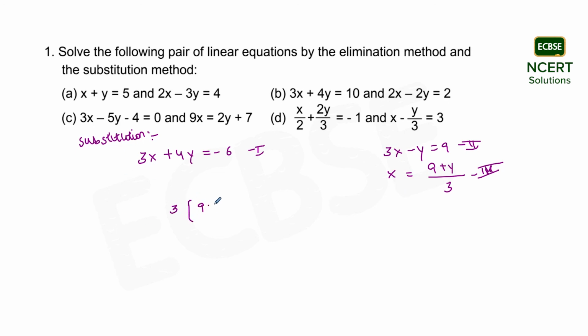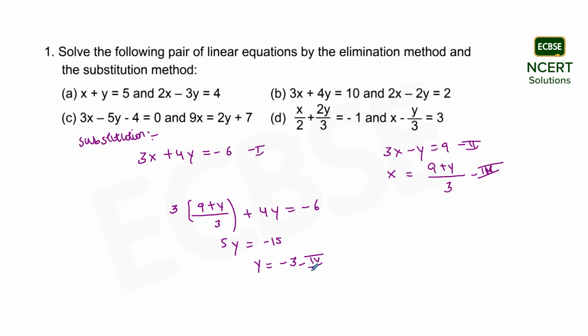So it will be 9 into 9 plus y divided by 3 plus 4y is equal to minus 6, or by solving this it will be 5y is equal to minus 15. The value of the variable y comes out to be equal to minus 3. Let me mark this as the fourth equation.